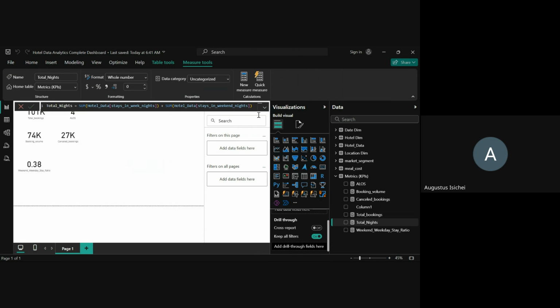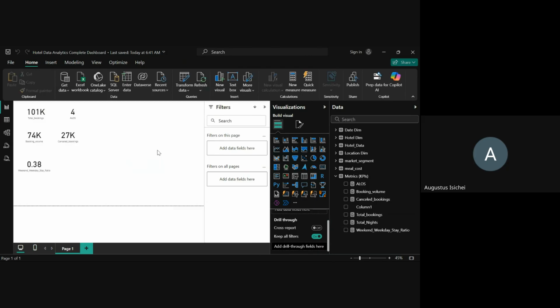But that's not what we need actually. We only need that to calculate our total revenue. So how do we get the total revenue?